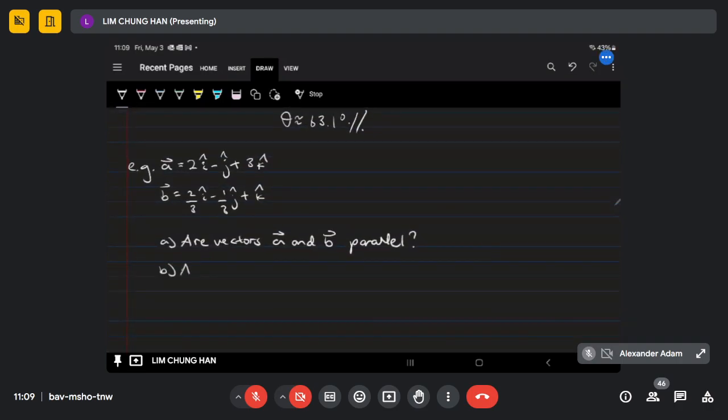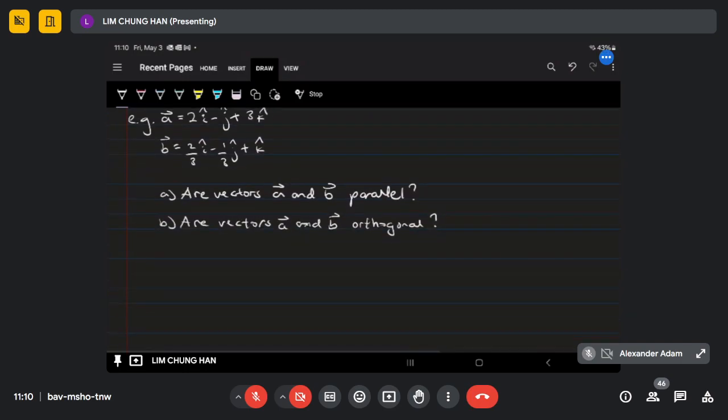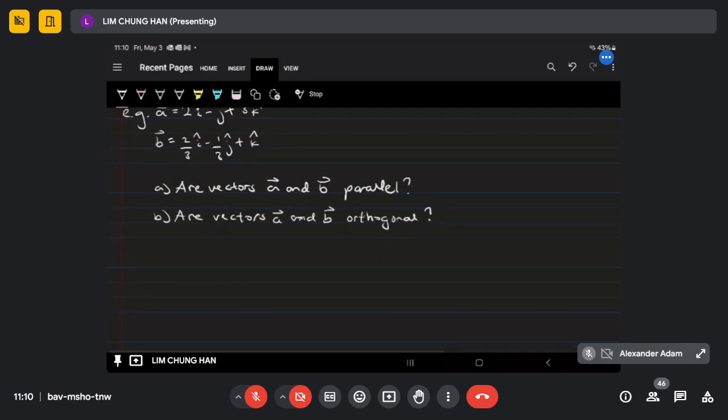Next, are vectors A and B orthogonal or not? Okay. Next, I have another question.